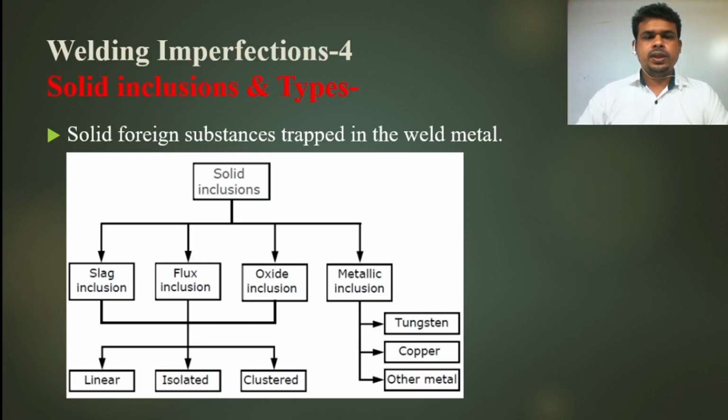Slag inclusion, flux inclusion and oxide inclusion can each have 3 different shapes in the weld metal: linear, isolated or clustered. Then metallic inclusion happens with tungsten, copper or other material. So these are the basic types of solid inclusion.